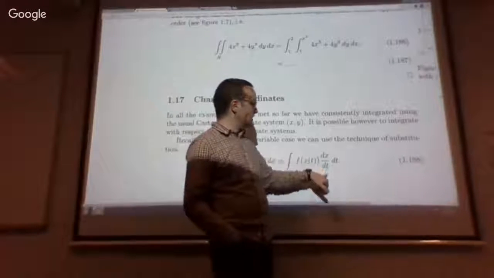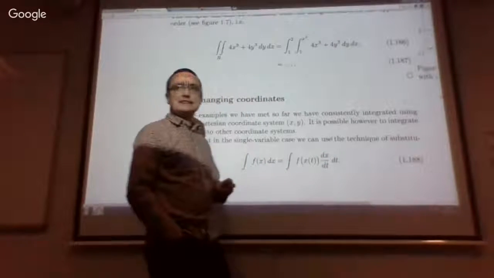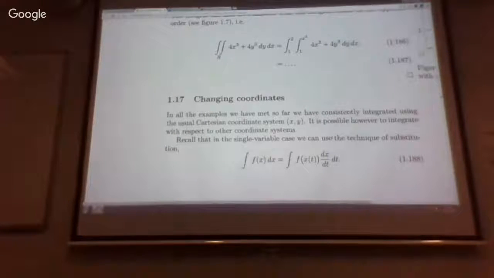And you also needed to include the derivative. The new differential that you want to integrate with respect to became dx dt.